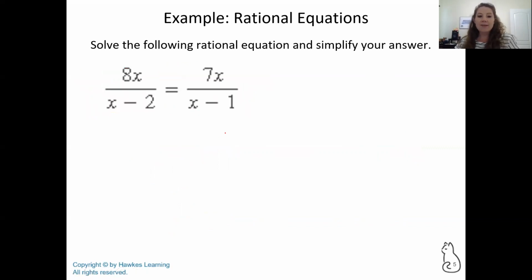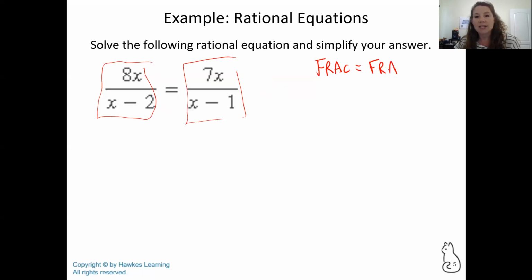All right, now every single time you have only a fraction equals a fraction, no other plus 2 or minus 1. If you have a fraction equals a fraction, every time you see that, you're going to cross multiply. It's the easiest way to solve fractions times fractions.